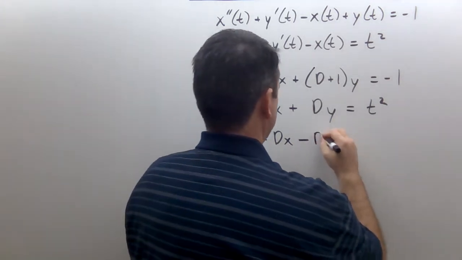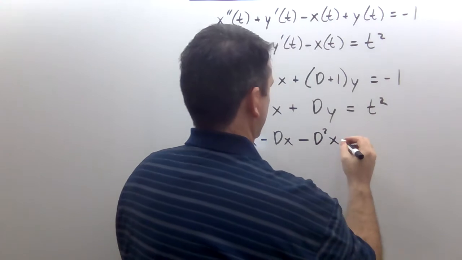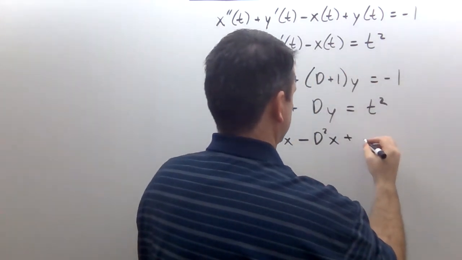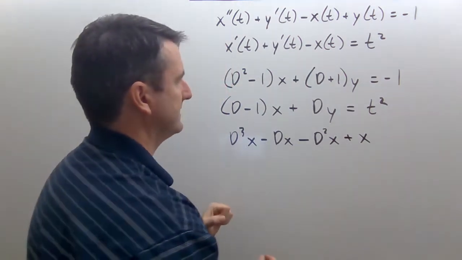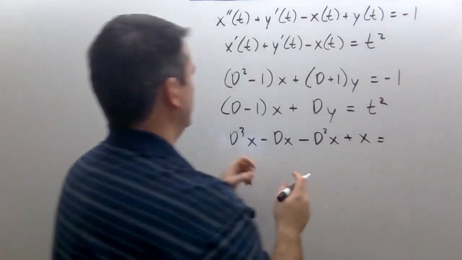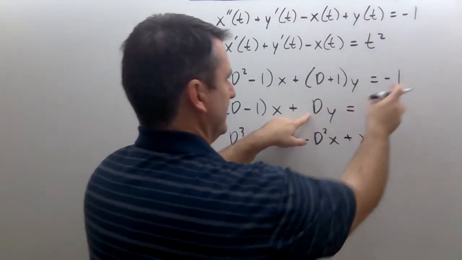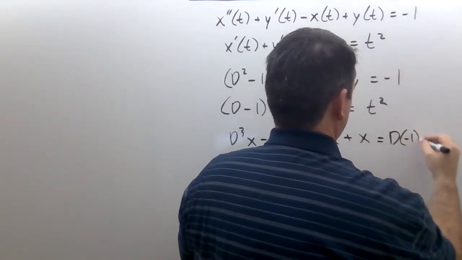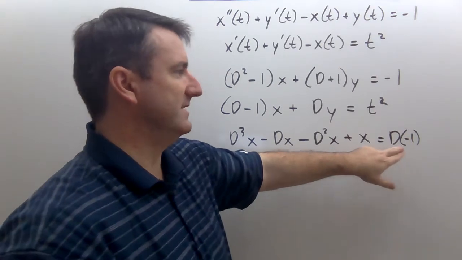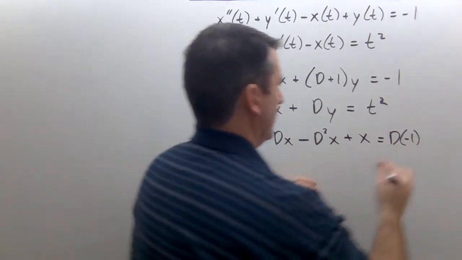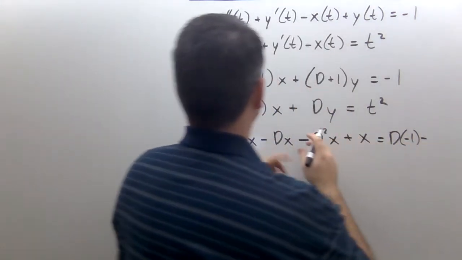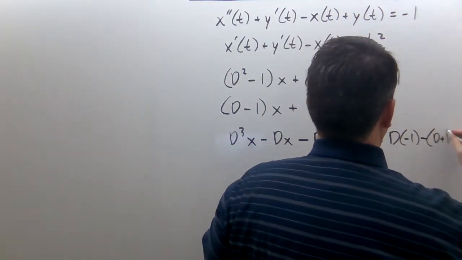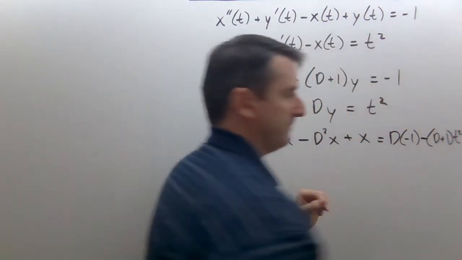So that's going to be D squared x minus, so that's going to be plus x is equal to -1 times D. So it's D times -1. Remember, this means the derivative of -1. Minus D plus 1 times t squared.